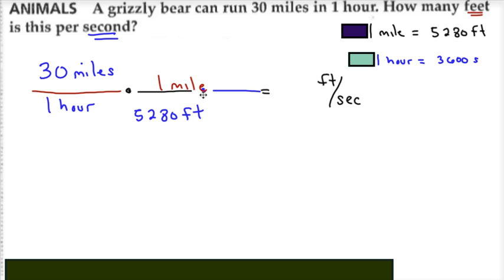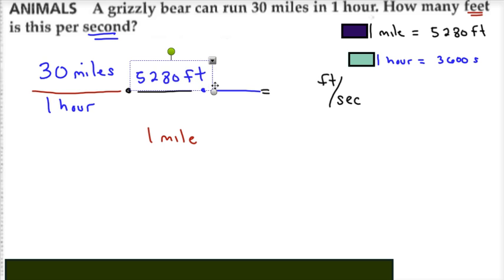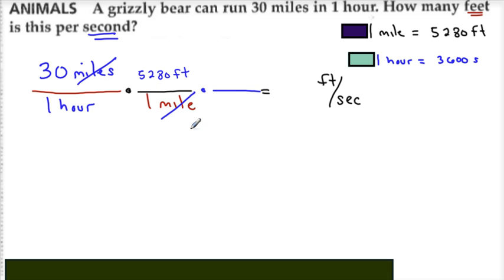Oh, no. It has to be in my denominator. Now, with miles in my numerator and miles in my denominator, those miles will simplify. So I just eliminated that unit. What unit is left on top? Feet. What's in my final answer? Feet. All right, so far so good.